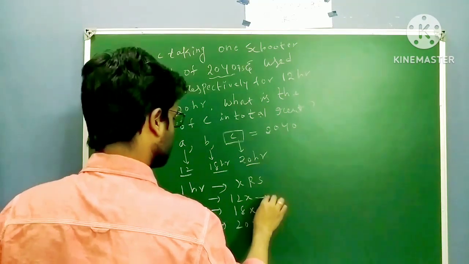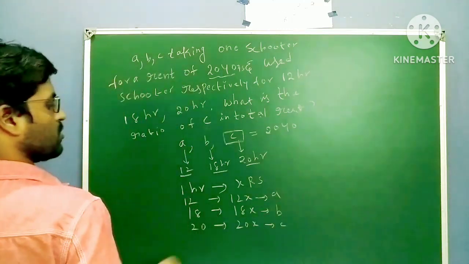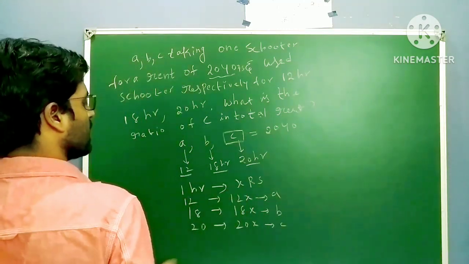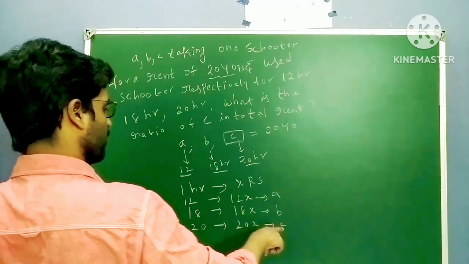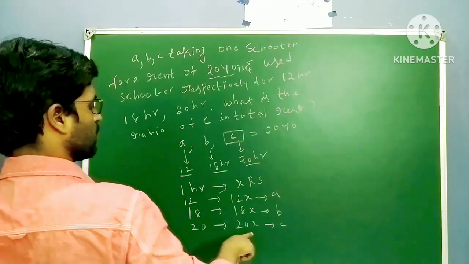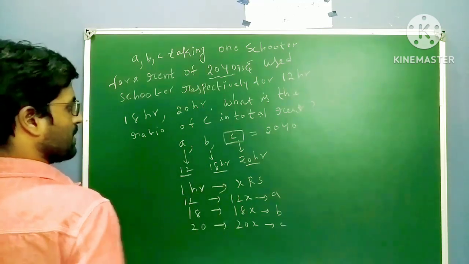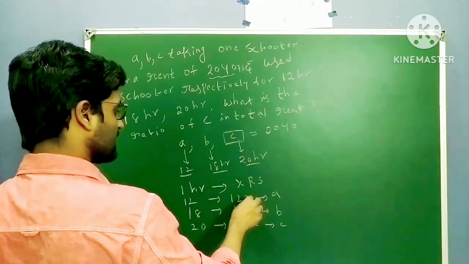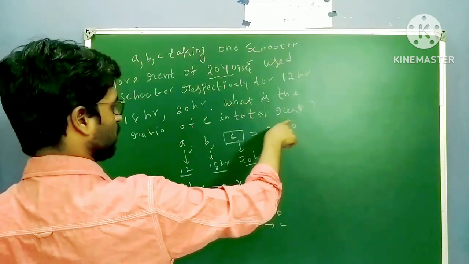This is A, this is B, this is C. Clear? Now 12x plus 18x plus 20x equal to the total amount, 2040.